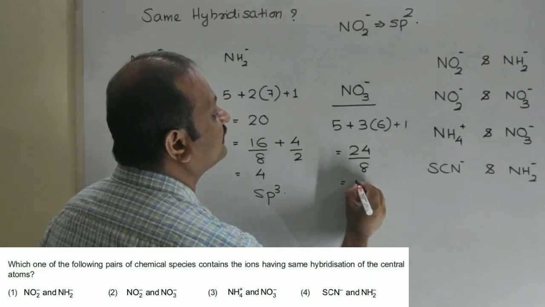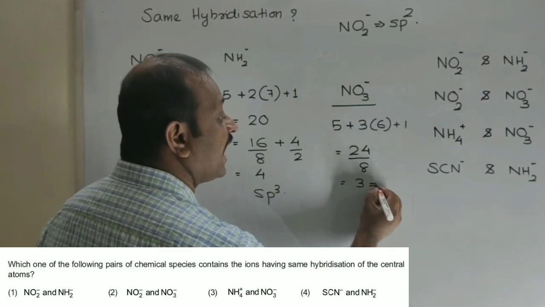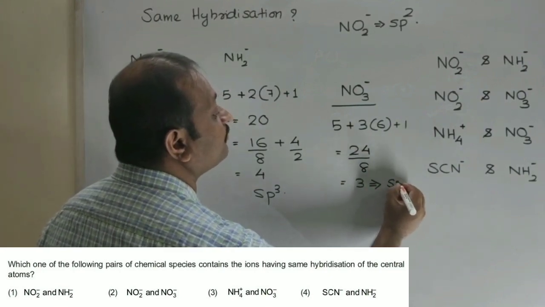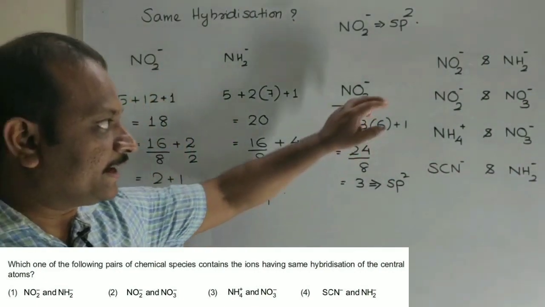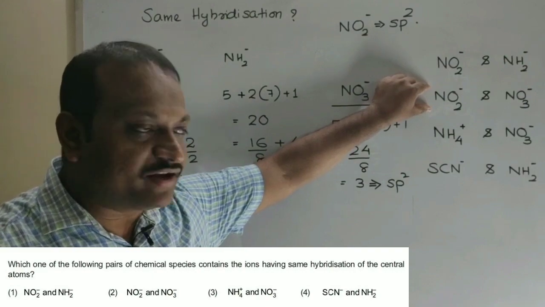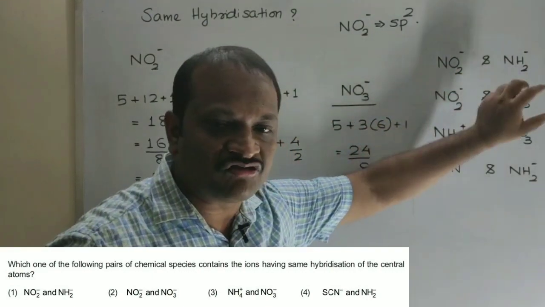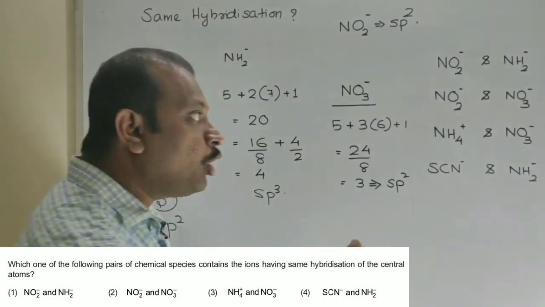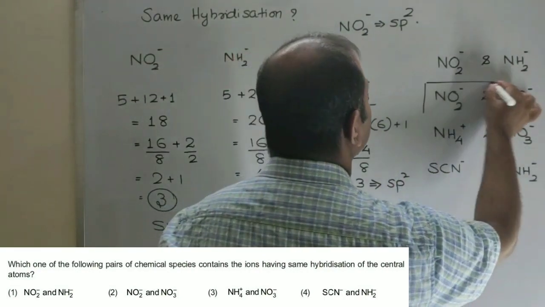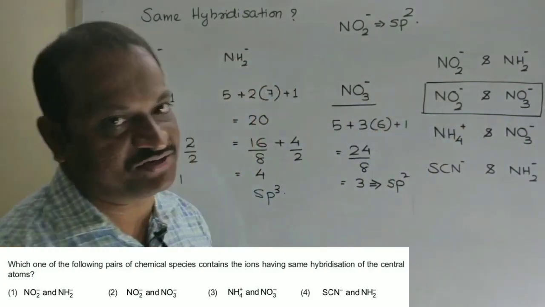What do you get there? 3. 3 means hybridization is sp2. In the second option, NO2 minus and NO3 minus both have the same hybridization. So our answer is NO2 minus and NO3 minus.